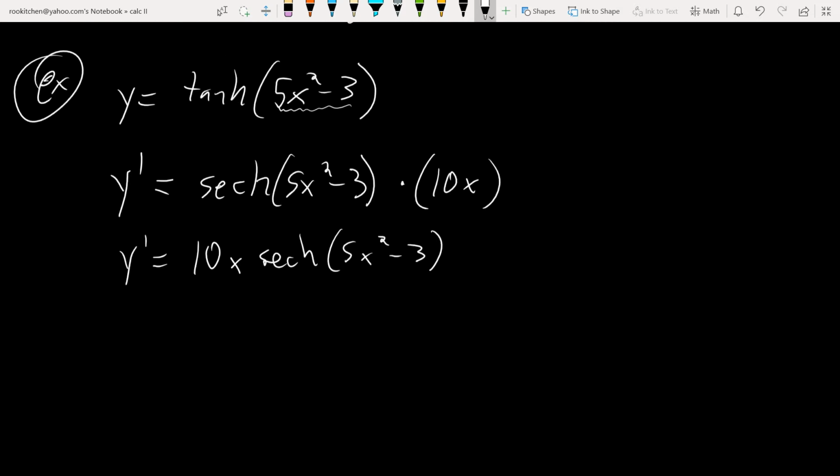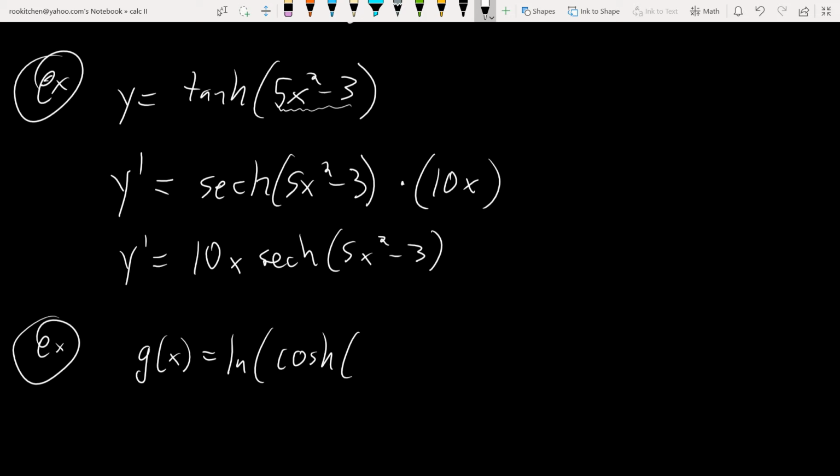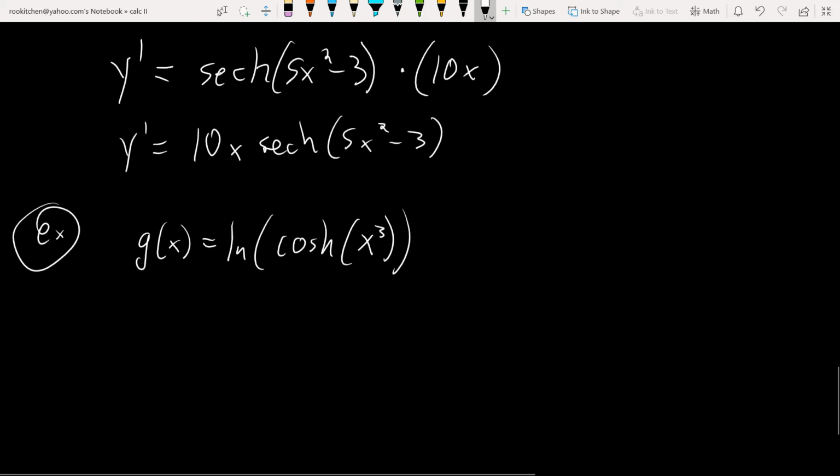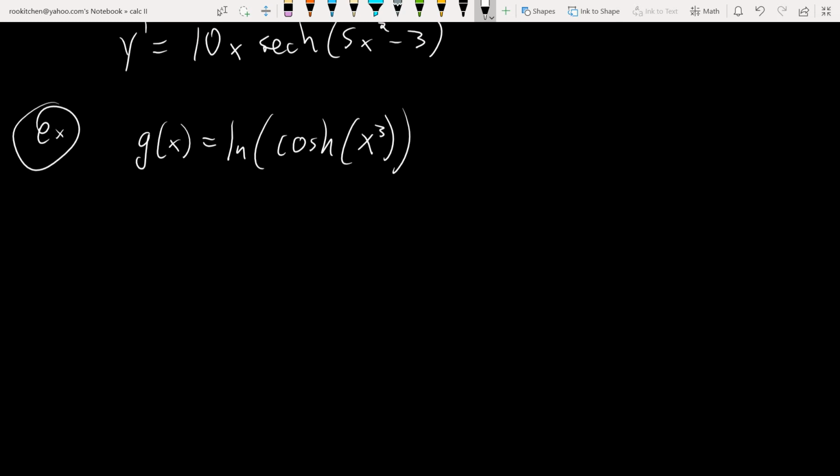Okay. Let's look at some more examples. Let's get another example. Okay, so g of x equals the natural log of cosh of x cubed. So this is one where we have multiply nested composition.